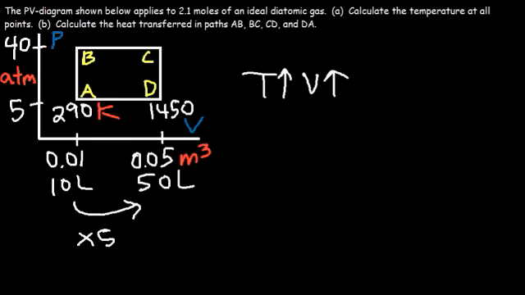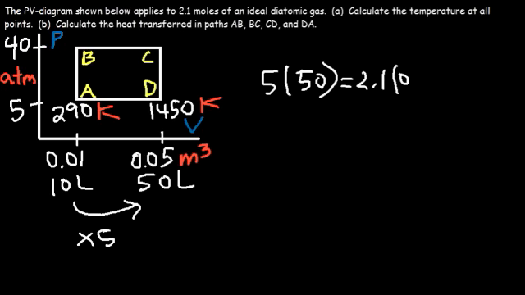Now if you want to, you can use the PV equals nRT equation to get that answer. If you plug in a pressure of 5, a volume of 50, and 2.1 for n, and the same R value, 5 times 50 is 250 divided by 2.1, that's 119, divide that by 0.08206, and you get about 1450 Kelvin.